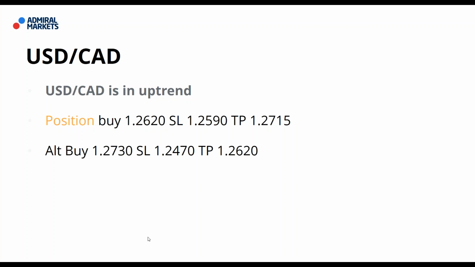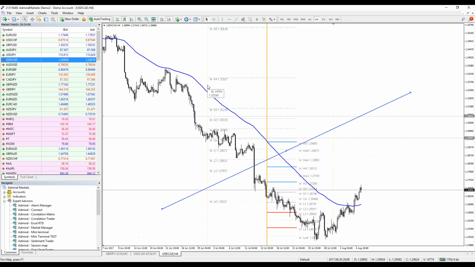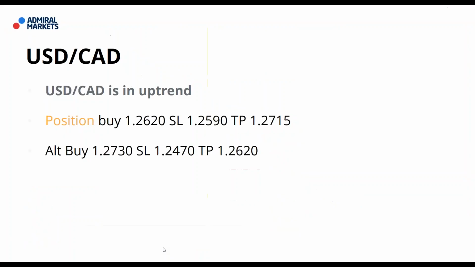Let's see, I'm monitoring it. And this is the chart. Okay, you see dollar CAD made a U-turn, and you see how it made a hook here. And this is the setup for dollar CAD.